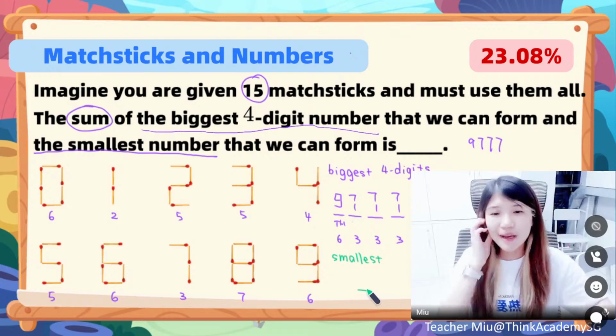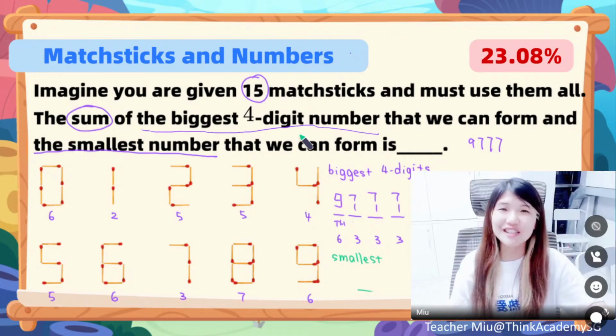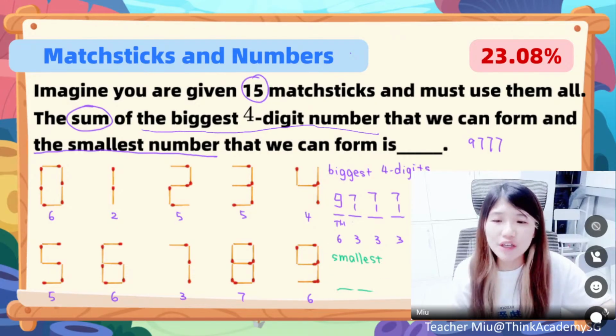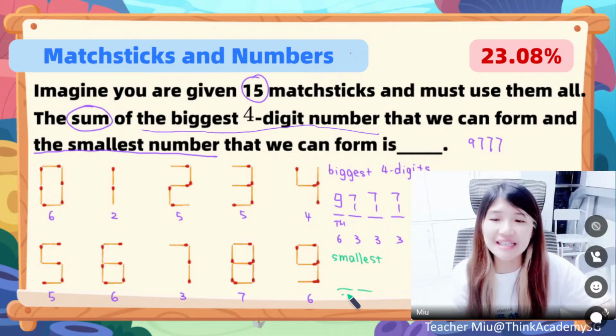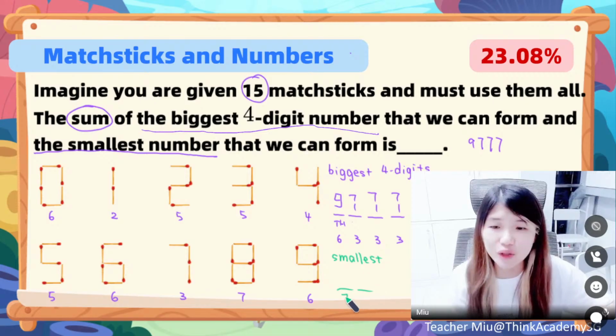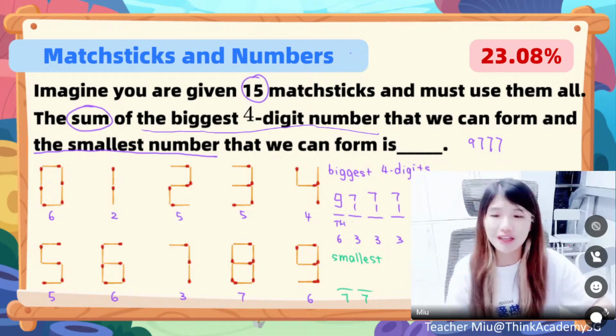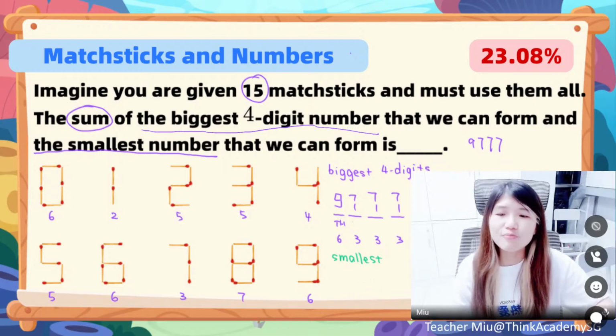You cannot make a 1-digit number using all 50 matchsticks. Is it possible to make it 2 digits? You will find out that the biggest digit is 7. If you make it 2 digits, 7 matchsticks and 7 matchsticks, only 14 matchsticks, not enough. So that means for the smallest possible number you can make, it must have at least 3 digits.